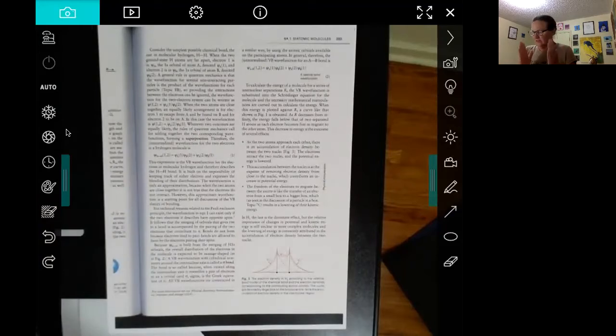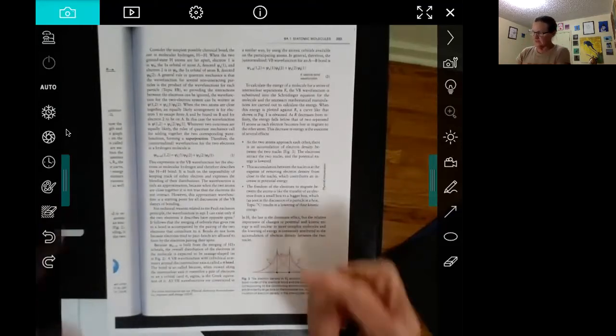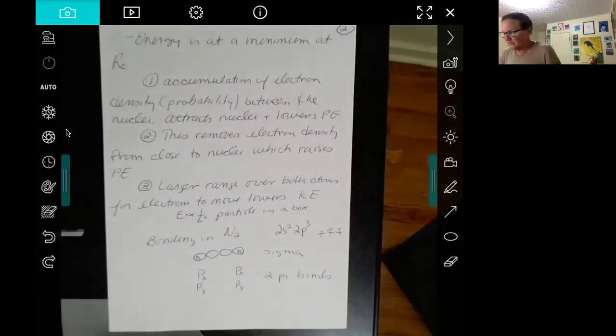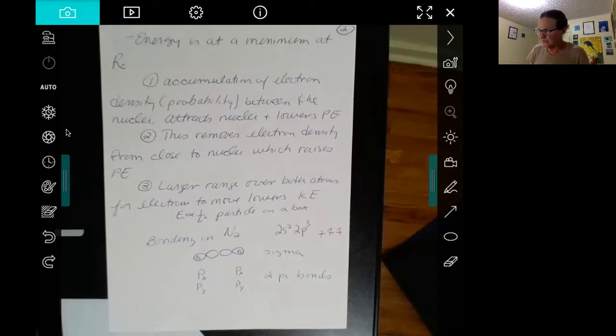When the nuclei are at the perfect bond distance, you have a lot of overlap in that probability function between the nuclei. And so we say that with that accumulation of electron density between the nuclei, that helps hold the nuclei together and it lowers the potential energy.